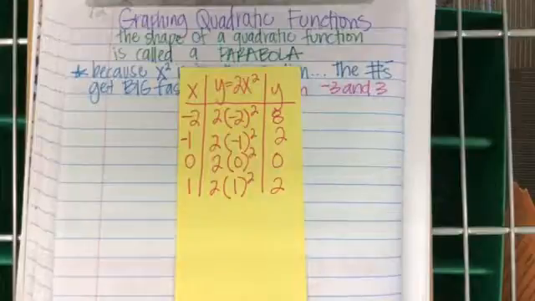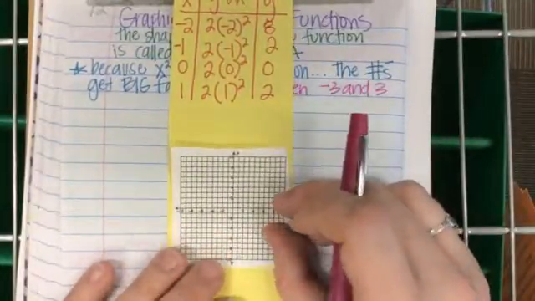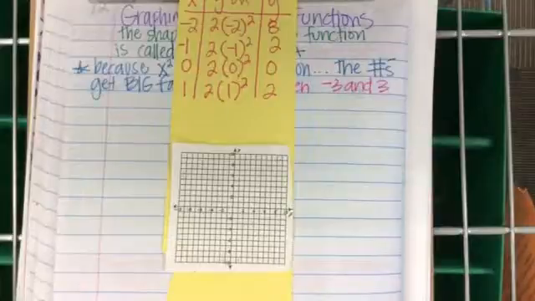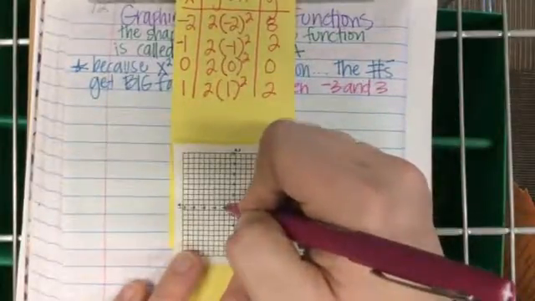Now you've got your graph. We'll glue it down in a second. Let's plot the points. The first ordered pair is (-2, 8).